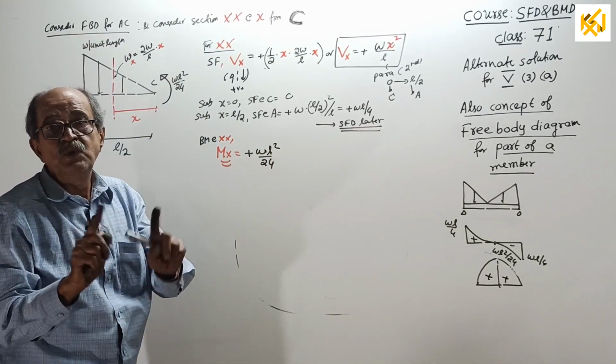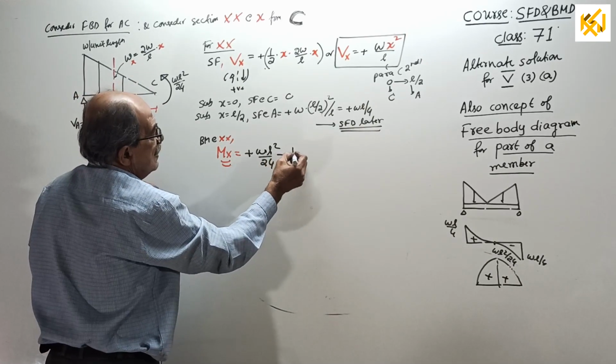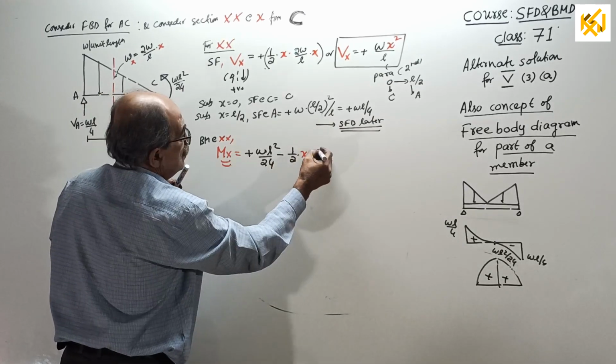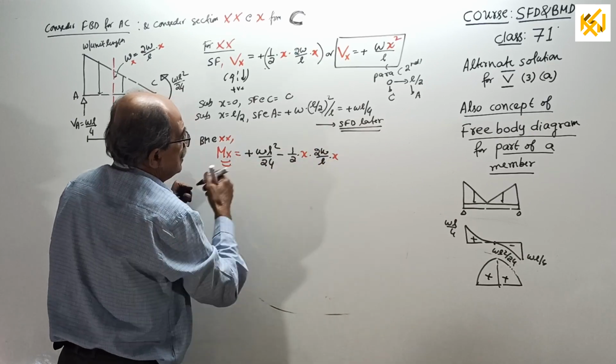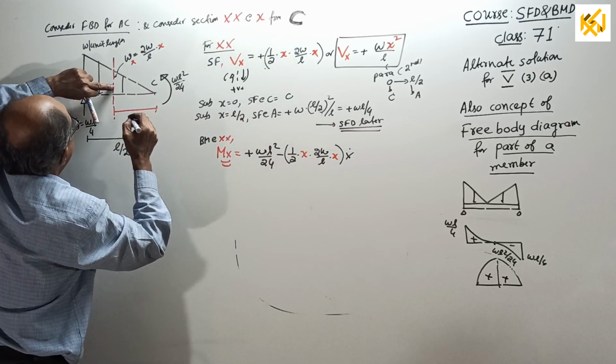It's a couple. Then minus half into X into 2W by L into X, which is the total load, multiplied by moment about this point.